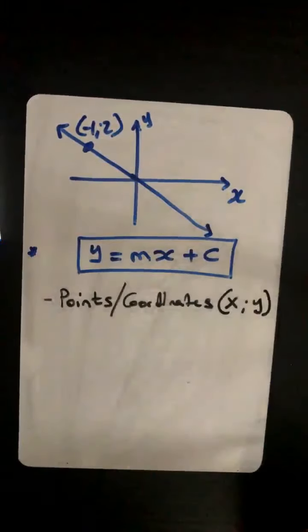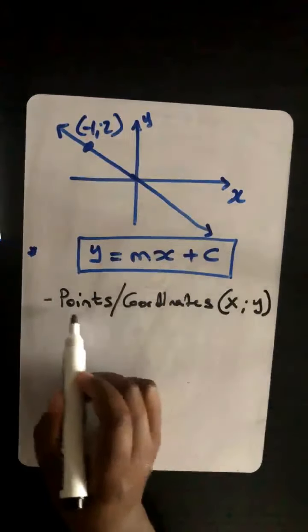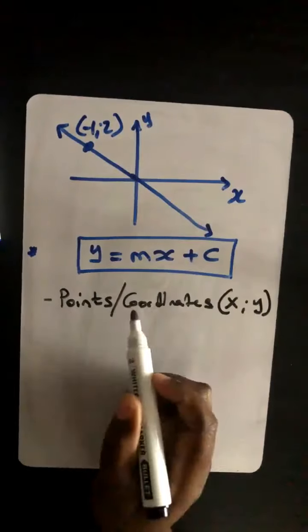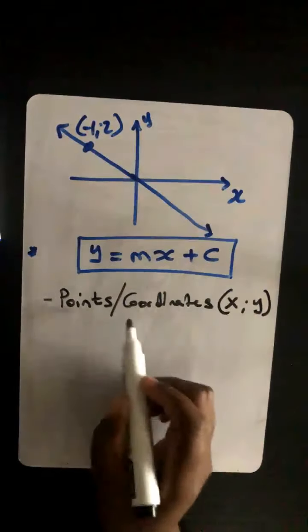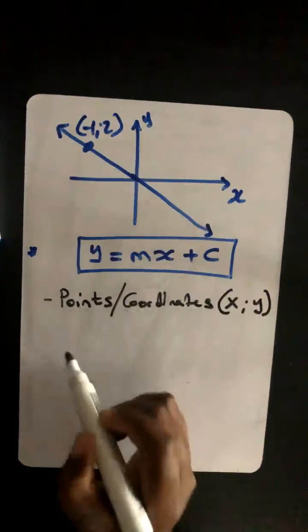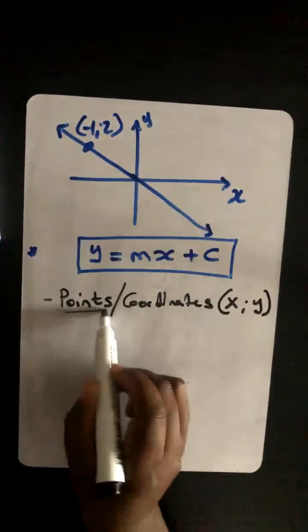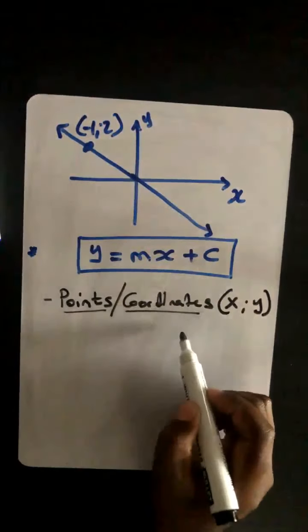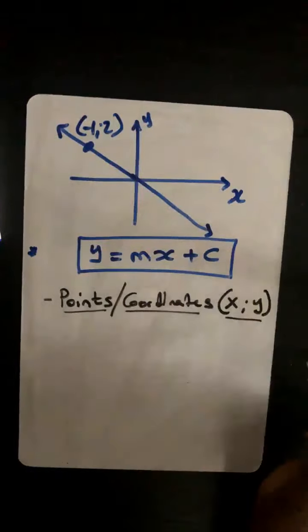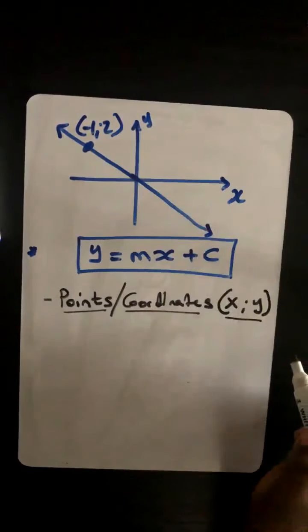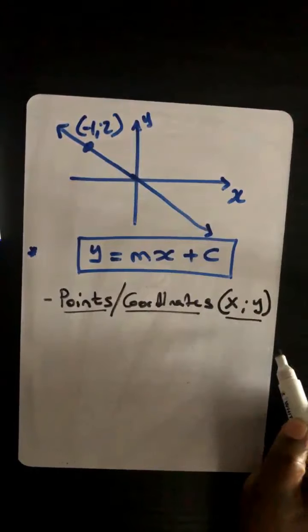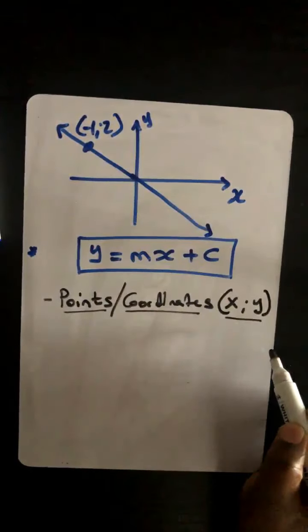So every time when I say, do we have a point or do we have points, or if I'm referring to a certain point, I'm simply referring to the coordinates, which are in the form of x and y. So when I say, do we have 2 points? An answer to that question is a yes.